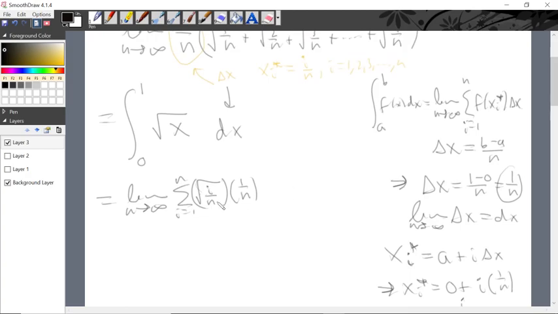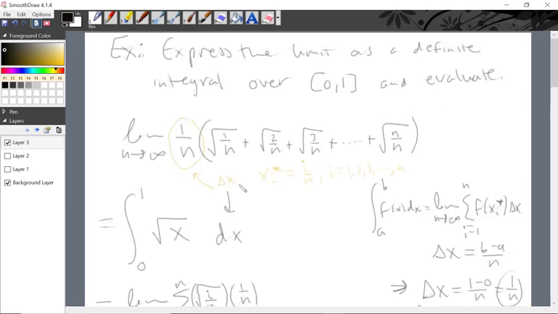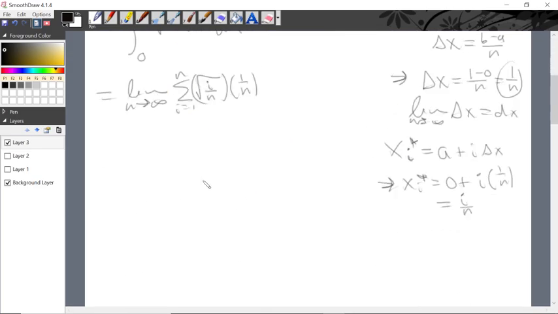Rewriting this in a definite integral form, you could write it like this: the integral from 0 to 1 of the square root of x dx. So we've rewritten it as a definite integral, and now we can evaluate the integral. By evaluating the integral, we would be finding what this limit is going to be equal to as well.